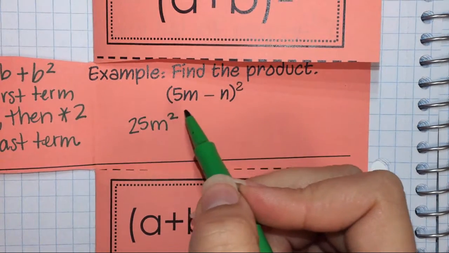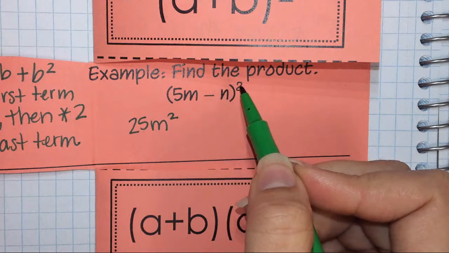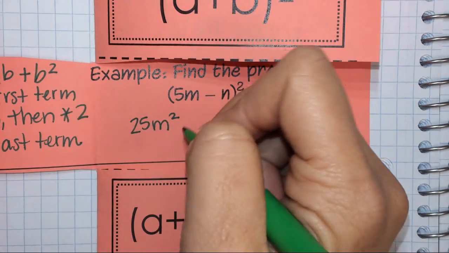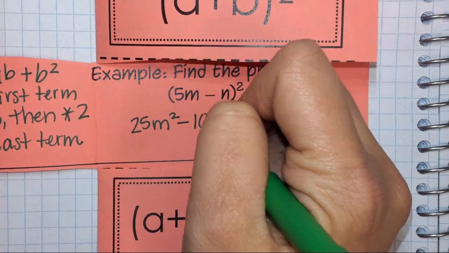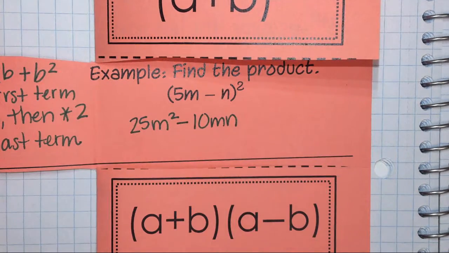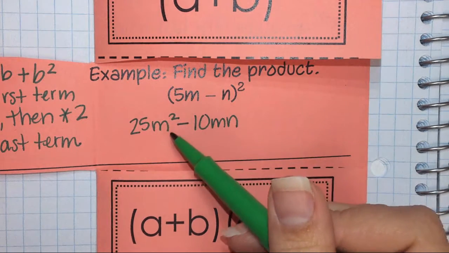Alright, next we do 5m times n. And we get 5mn. And then we multiply it by 2 and we get 10mn. Now, why is it minus and not plus? It's a subtraction problem, so you minus.